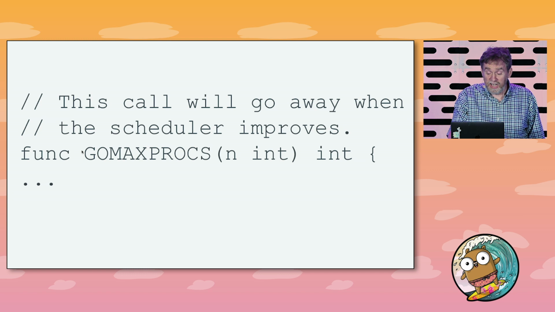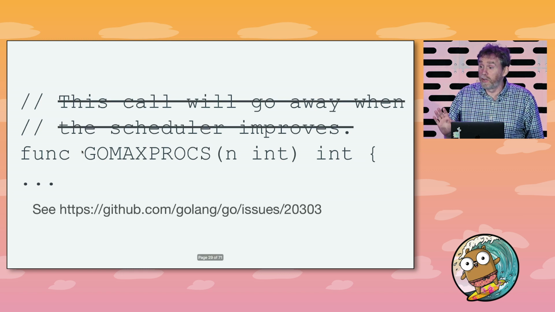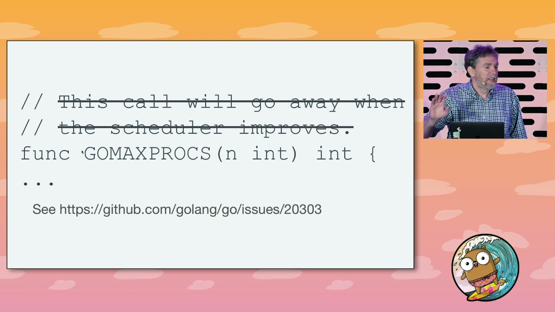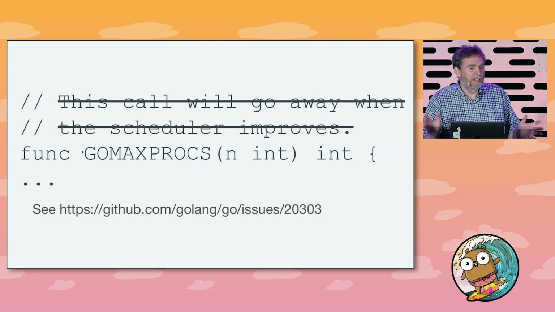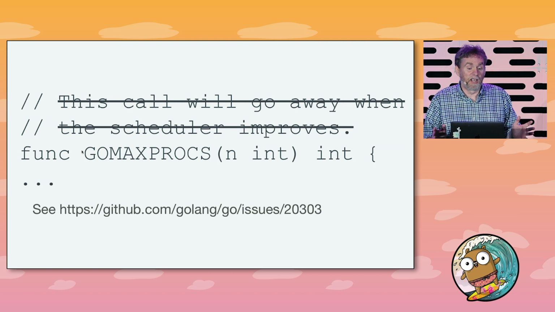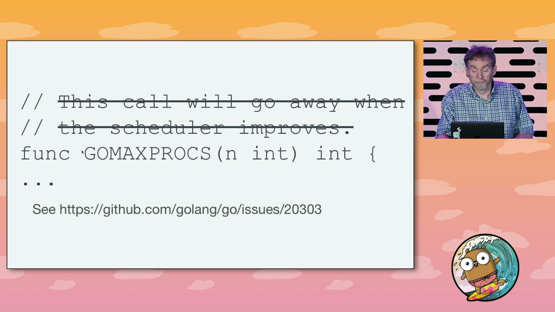It hasn't gone away yet, and even more so, there's a GitHub issue where someone's saying, make that go away. The scheduler's better now. We fixed it. It's good enough. Get rid of this horrible GOMAXPROCS thing. And the issue was closed and rejected with someone saying, oh, we can't get rid of that yet. It's too useful.